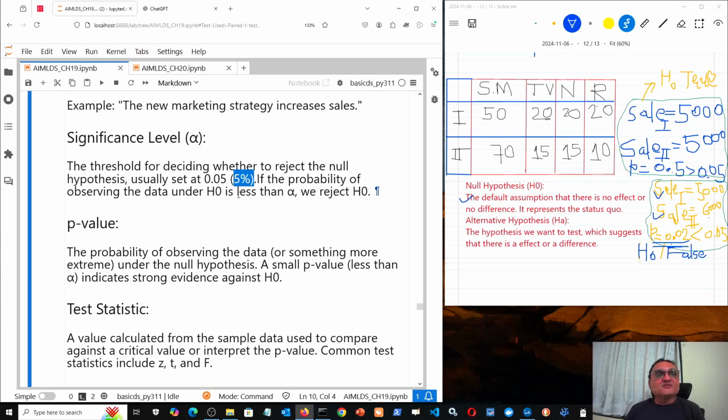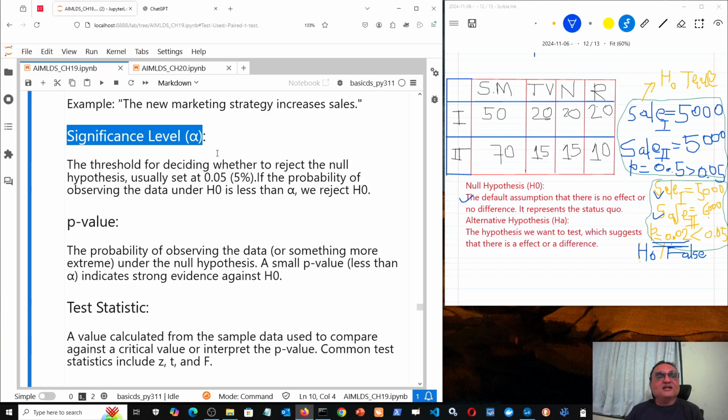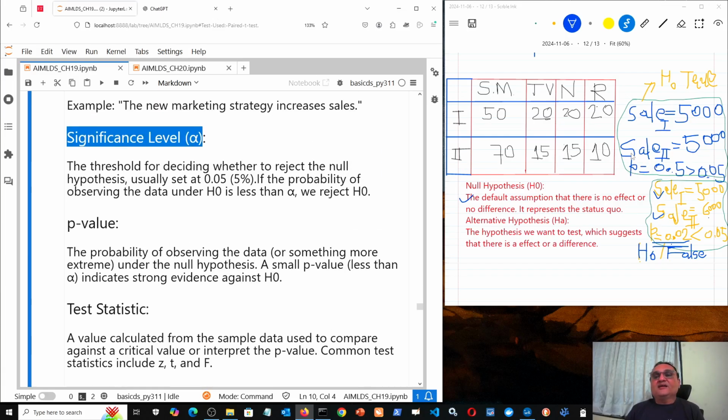Now 5% is just one example. Sometimes we take 10%, sometimes we take only 2.5%, like that, but I don't want to add complications, so I stick with this 5% value of significance level. That means if I get a probability that my data distribution for the predicted variable is greater than 5%, then I will say that my data distribution still falls under the null hypothesis only, and that means there is no significant difference between the two.